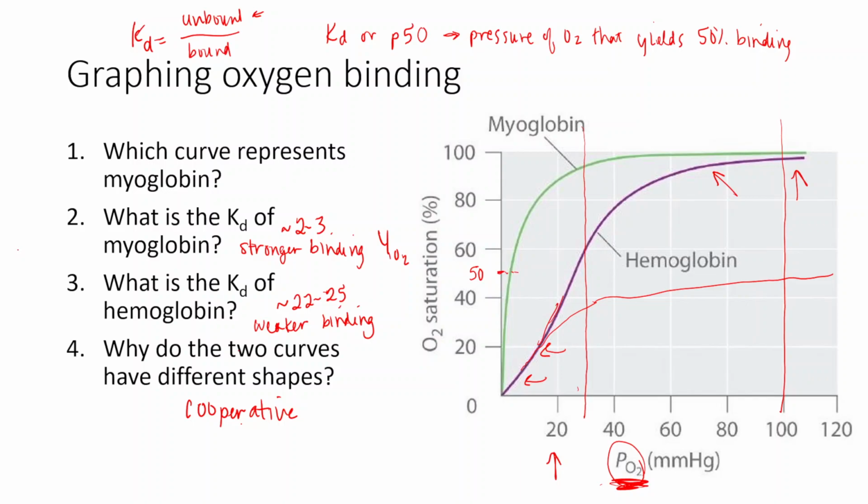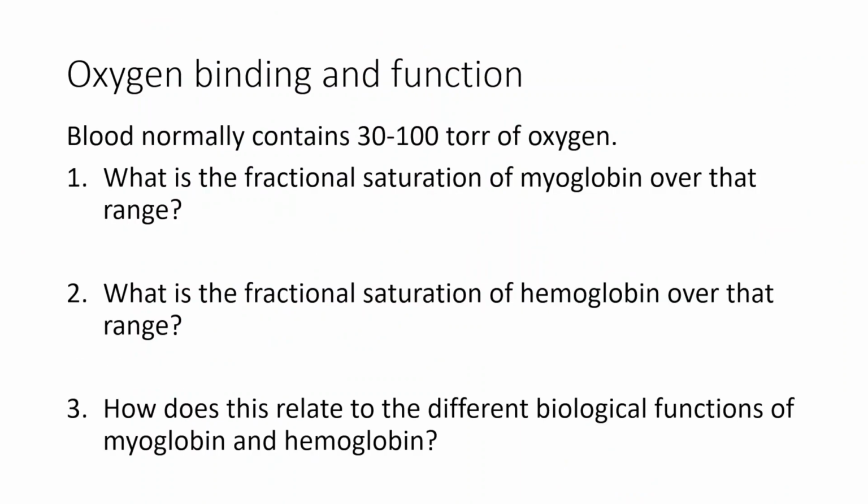So what is our fractional saturation of myoglobin over that range? Around 97, 98. Yeah, exactly. We start around maybe 95-ish, and get up to close to 100. So it's something like 95 to 100%. Again, that's a little hard to get exact with that graph because there aren't really good gradations between the numbers, but around there.